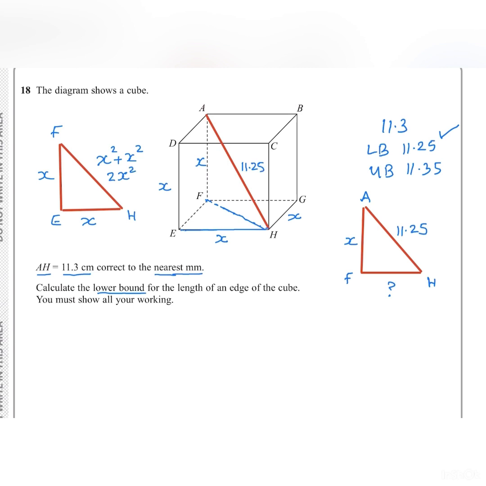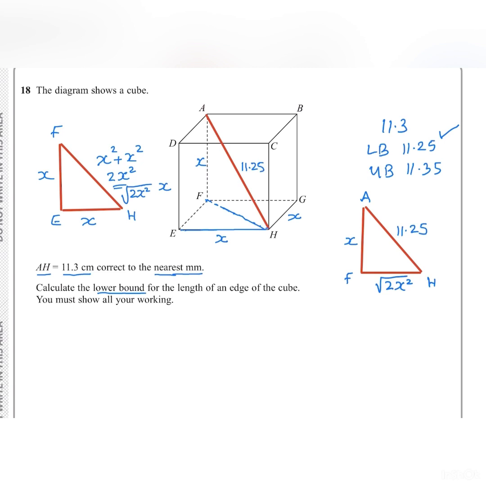I'm just going to leave this here. Okay, so this is F to H. F to H would be the square root. Remember when you find a missing side, the last thing you do is square root. So we got root 2x squared on this side.